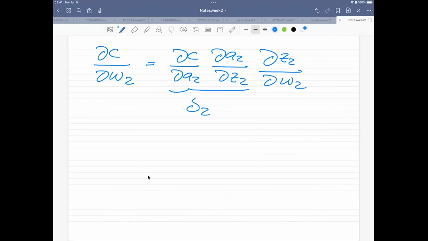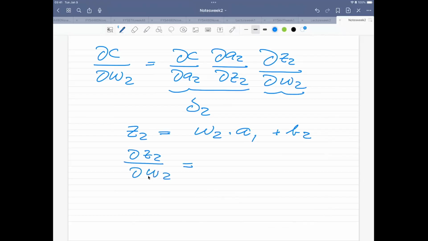And this variable here is now, if we look at Z2, since we're dealing with scalars, going to be W2 times the output from the hidden layer plus its bias B2. So that means that dZ2/dW2 is just equal to A1. And also we remind ourselves that this one is nothing but the derivative of this function, sigma 2.